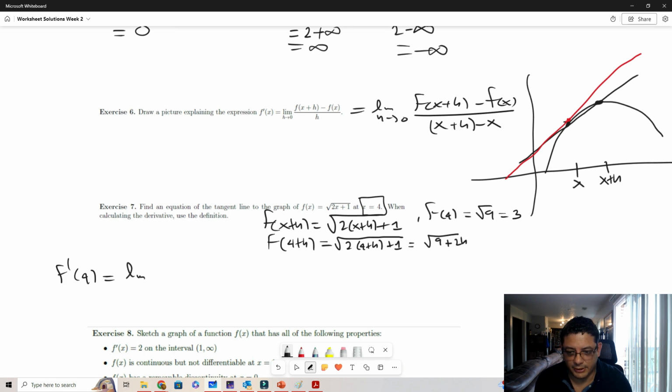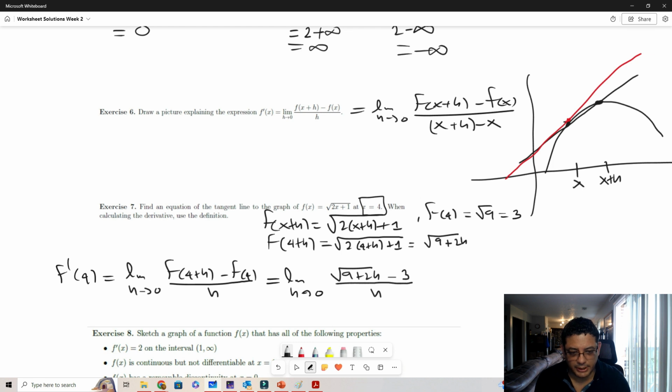This is the limit when h goes to 0 of f of 4 plus h minus f of 4 over h. It turns out this is the limit when h goes to 0 of the square root of 9 plus 2h minus 3 over h. Do you know this type of limit?